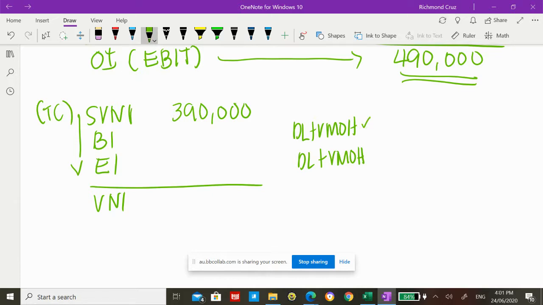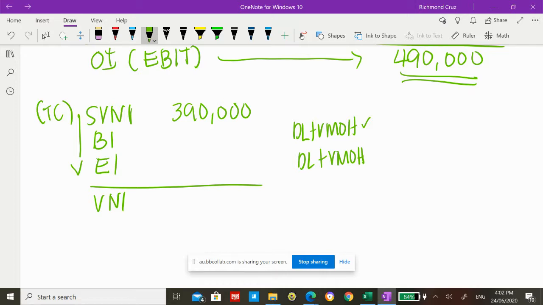But for super variable net income, we only include the direct material costs. The direct labor and variable manufacturing overhead are considered fixed costs or period costs under super variable net income. So therefore, that will cause the difference between the two net incomes.